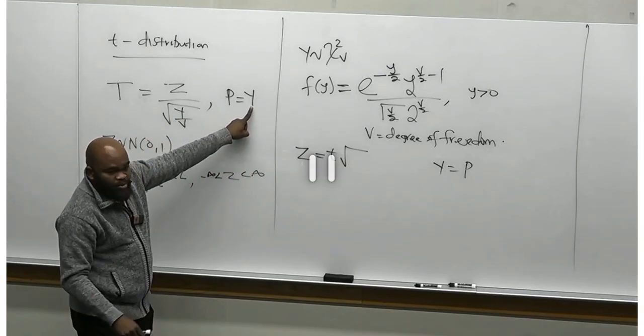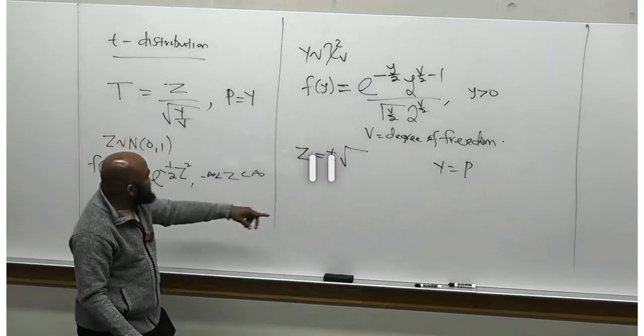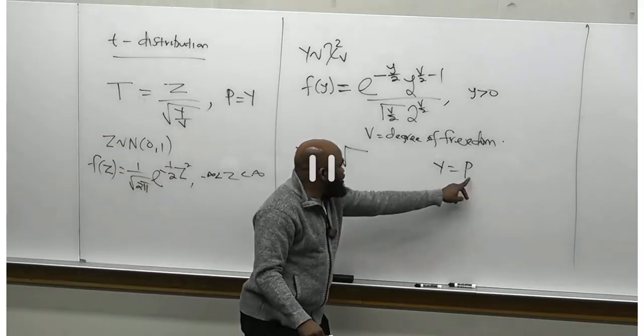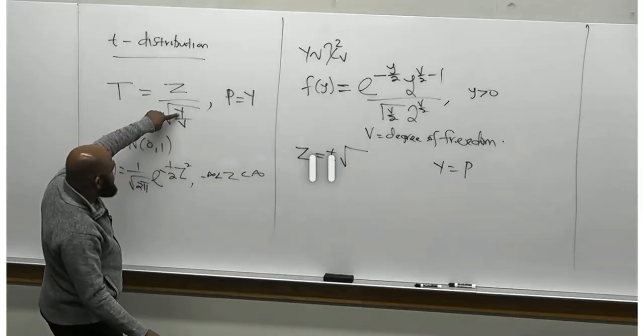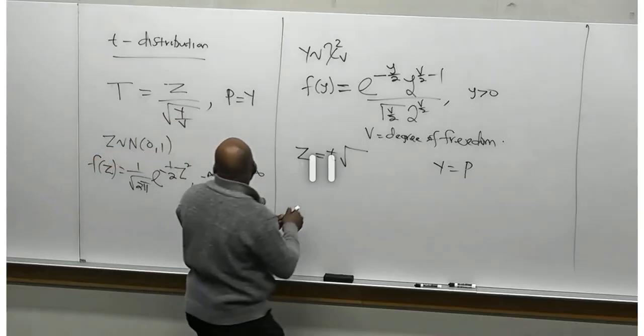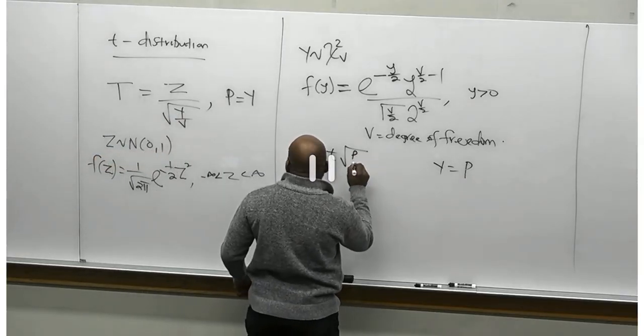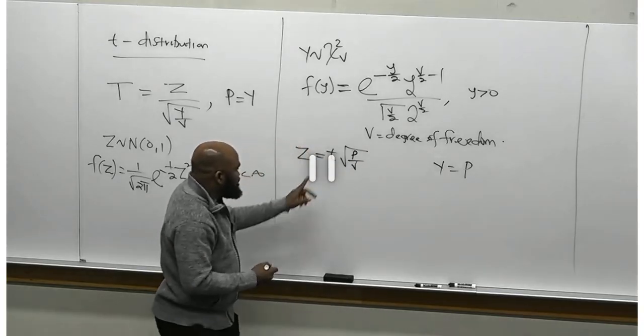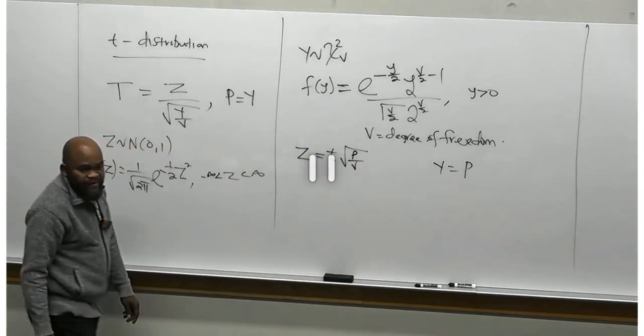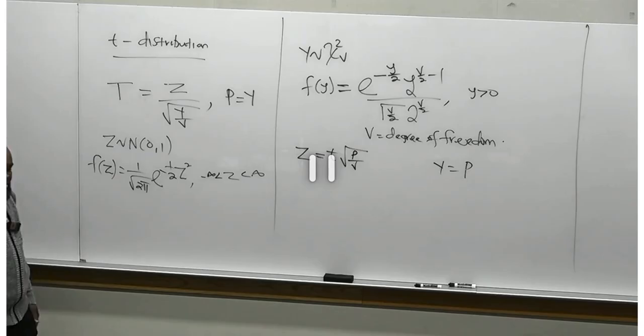Here I said p equals y, then when I find the inverse, I have y equals p. Wherever I see y here, I'm actually going to put that p. So I'm having p divided by v. Now, these are the inverses. You find the inverses.